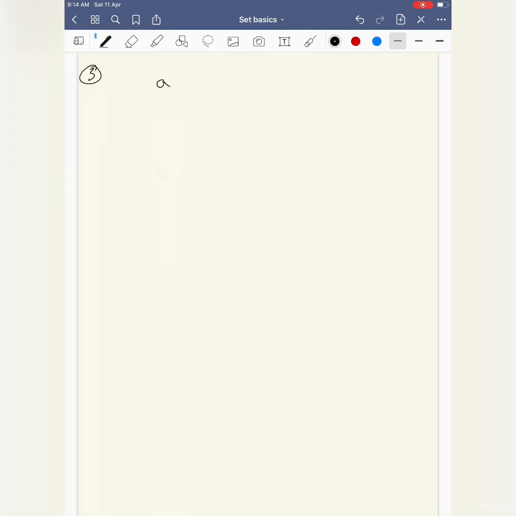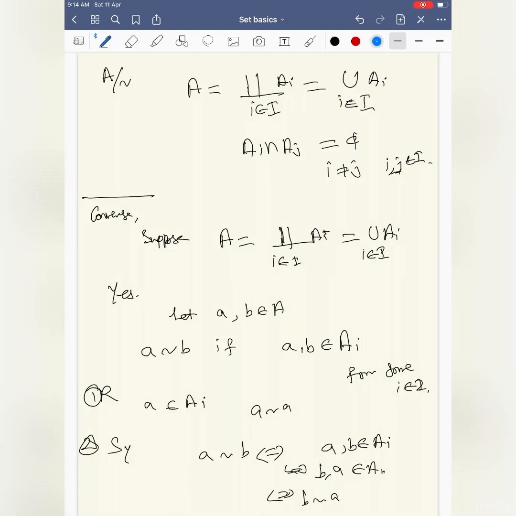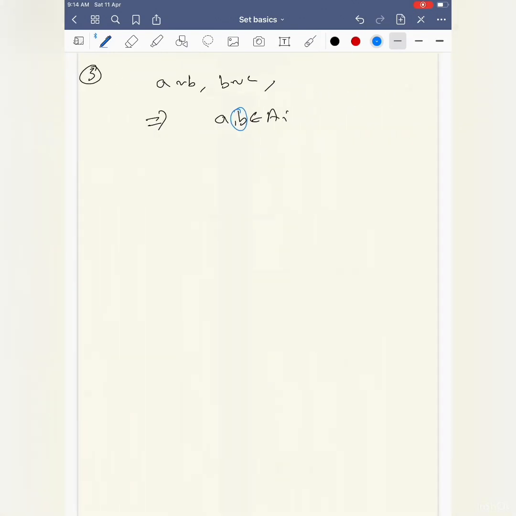Third, transitivity. a related to b and b related to c implies a, b belong to A_i. Remember b belongs to A_i, and this is a partition, so the sets don't overlap. And b, c belong to A_j.